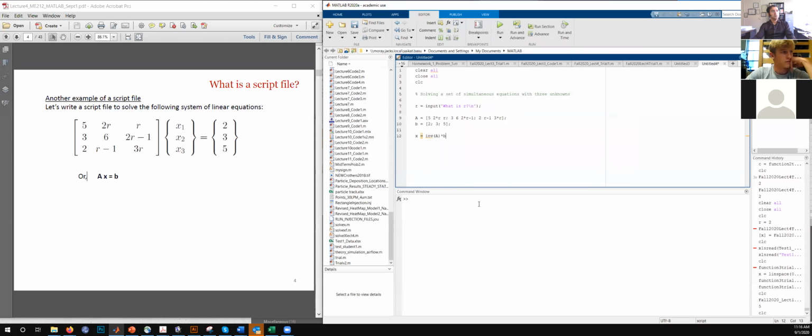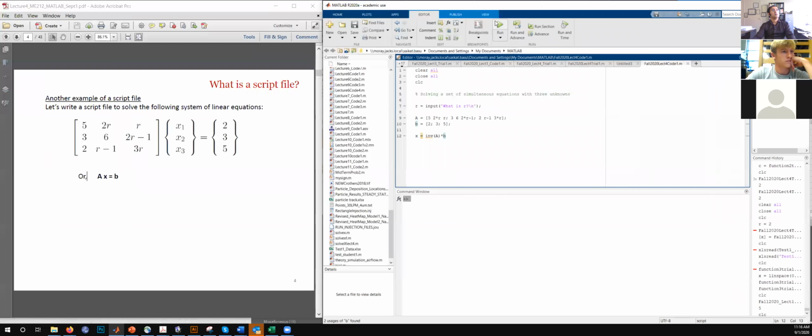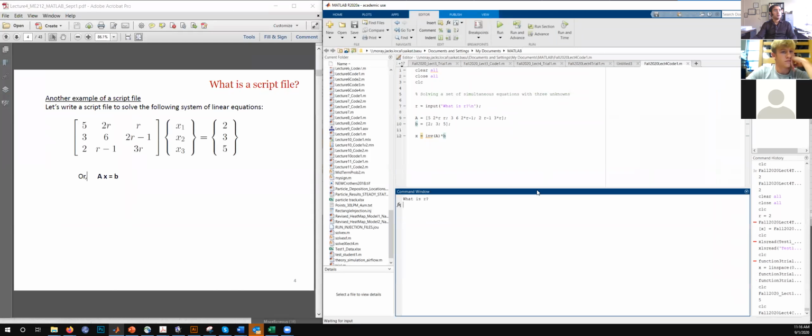Okay, so let's run this now. So it asks for a value of R. Let's just type R as 1, and we get this output. So later on, when you review this lecture note, just type in 1 for R and see if you get the same number. In the sense that, just do a hand calculation.